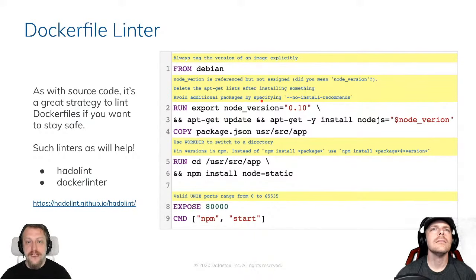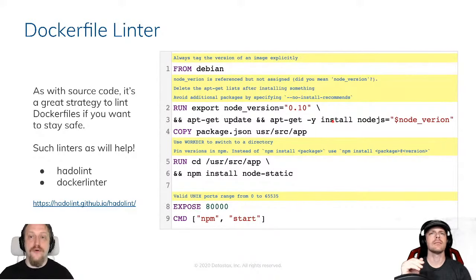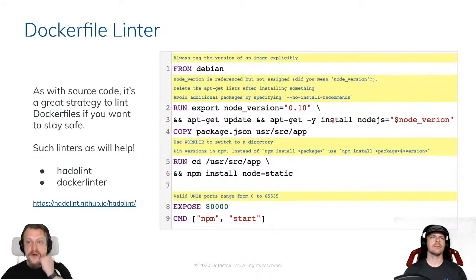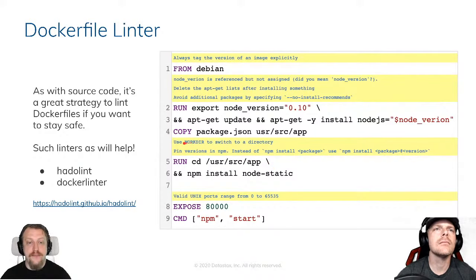Avoid additional packages by specifying --no-install-recommends. Yes, with this install we can bring in packages we aren't going to use. The image will be bigger, for no purpose. Then, here we are switching to /usr/src/app and running npm install static. To switch to a directory, it's better to use WORKDIR.